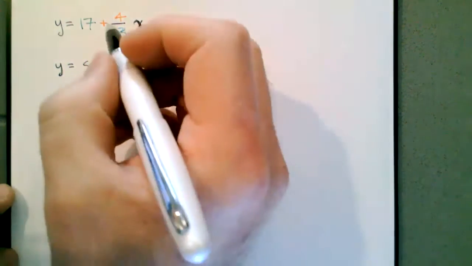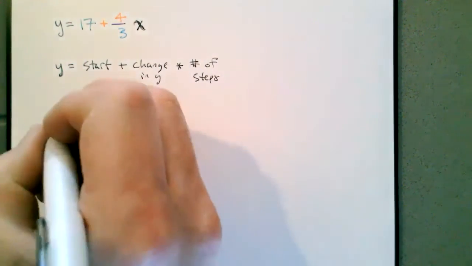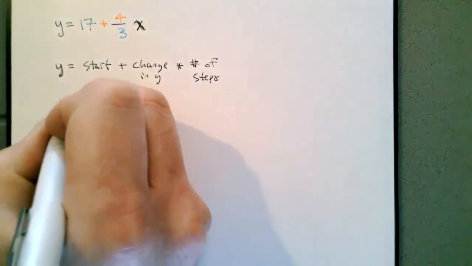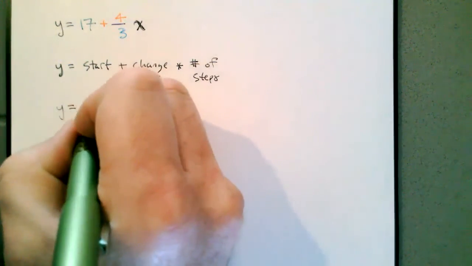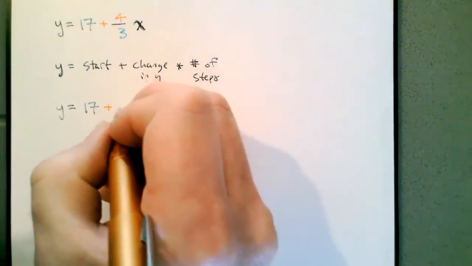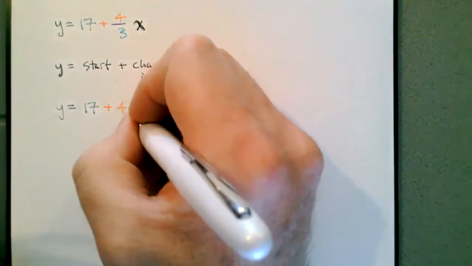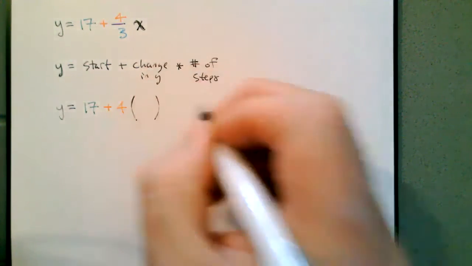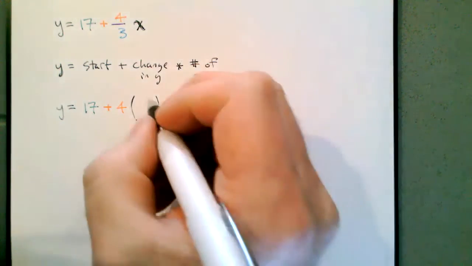So instead of writing it as 4/3 x, the usual way we summarize the slope, I'm going to write y equals, start off at 17 and add 4 a bunch of times. And the bunch of times is going to be x divided by the step size.